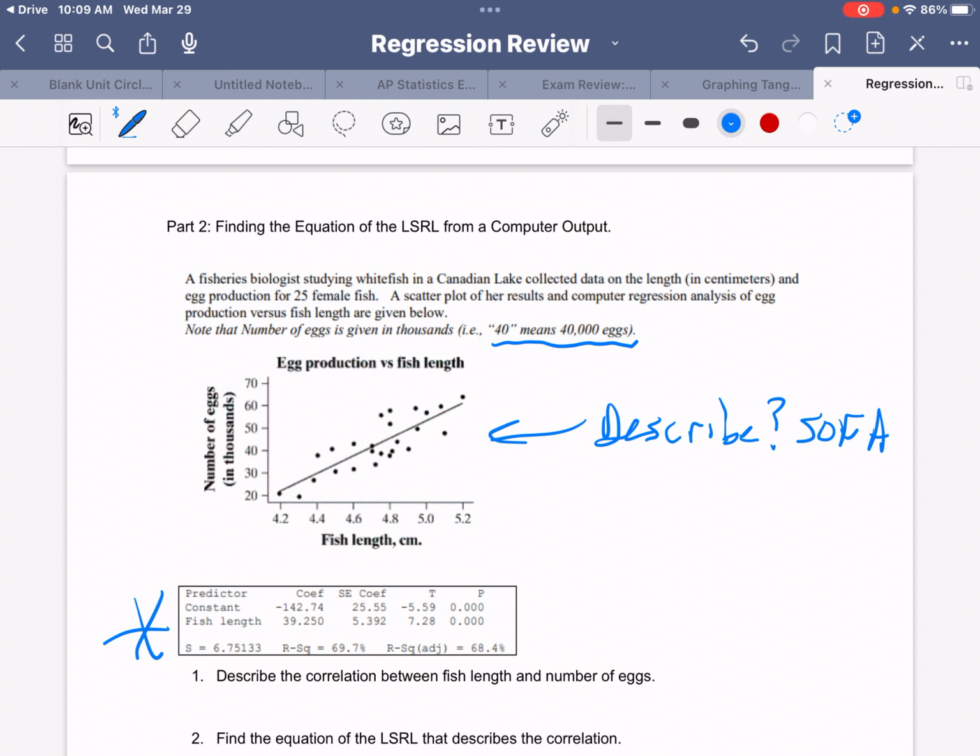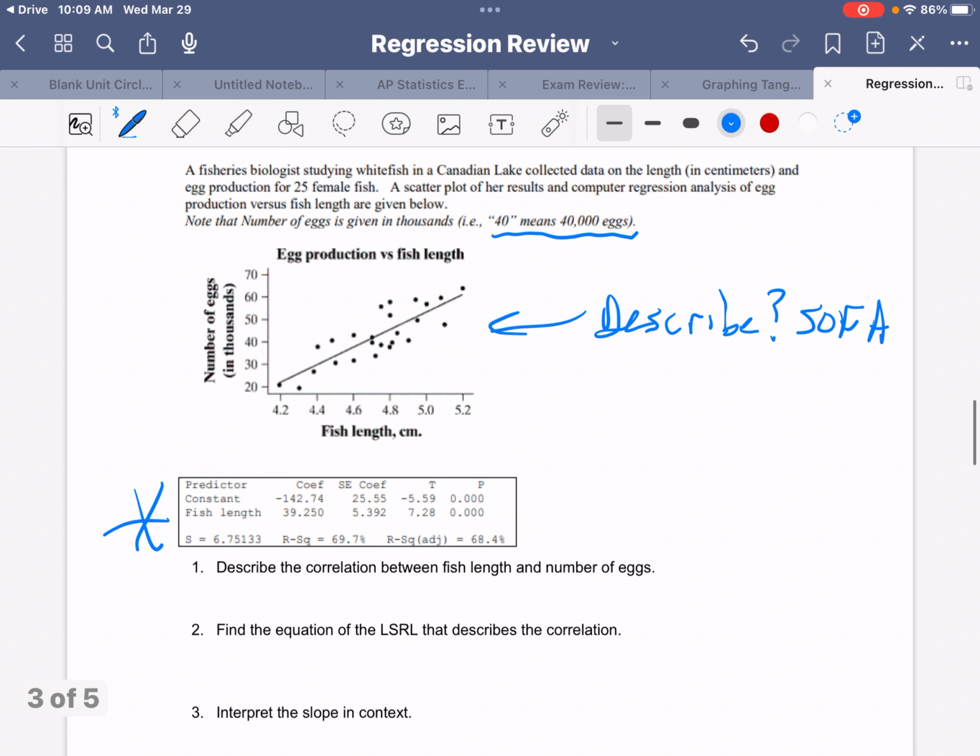How to find the equation of the least squares regression line. You may remember in chapter 3 that I said the column labeled coefficient was the only important column, and there's r squared. If you ever need r, you just take the square root of 0.697 and you'll get the value of r.